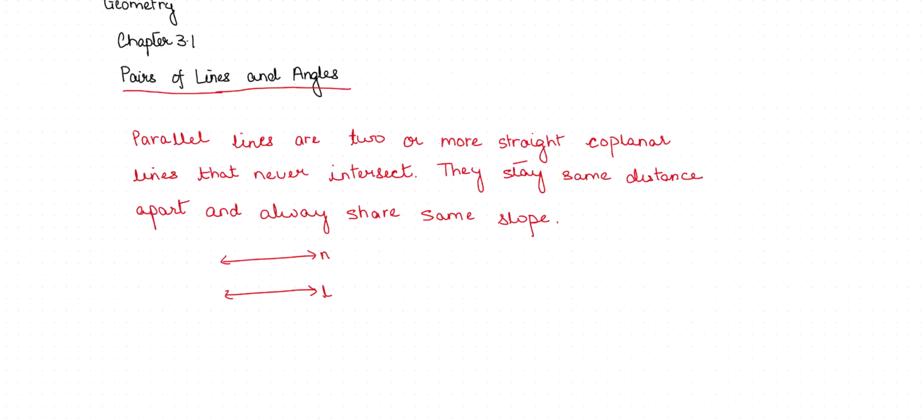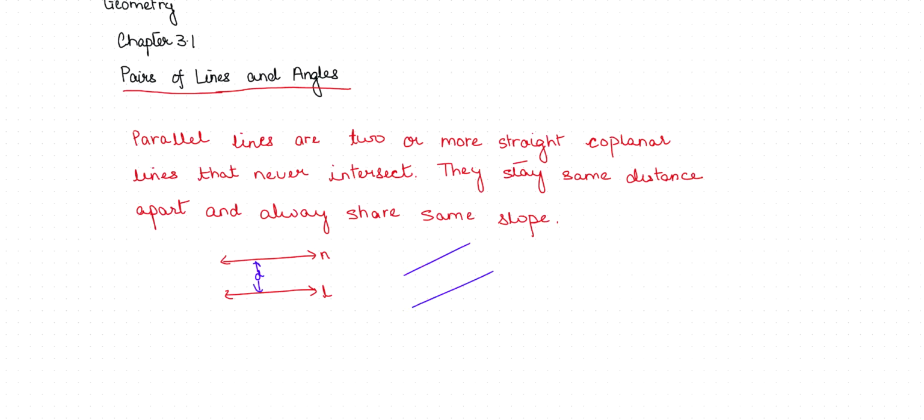So parallel lines are two or more straight coplanar lines, means they lie on the same plane and they never intersect. And they stay the same distance. Here you can see they stay the same distance and always share the same slope, like if they are like this. Okay.